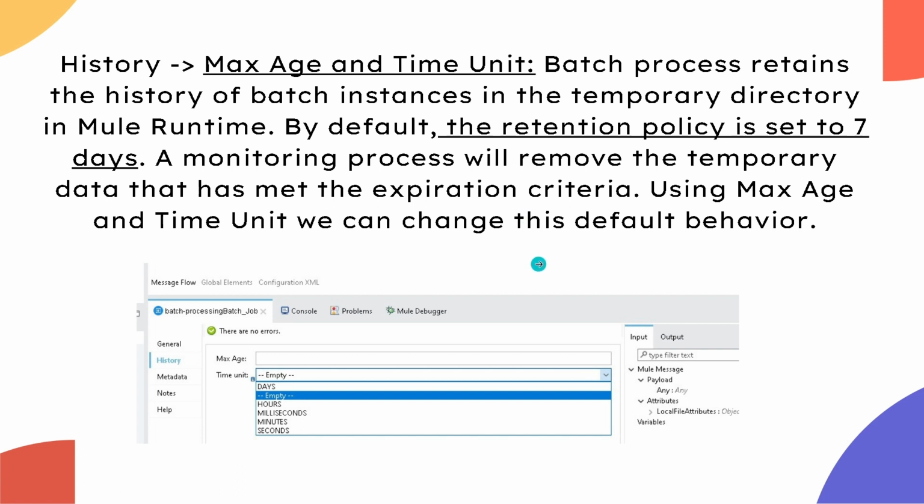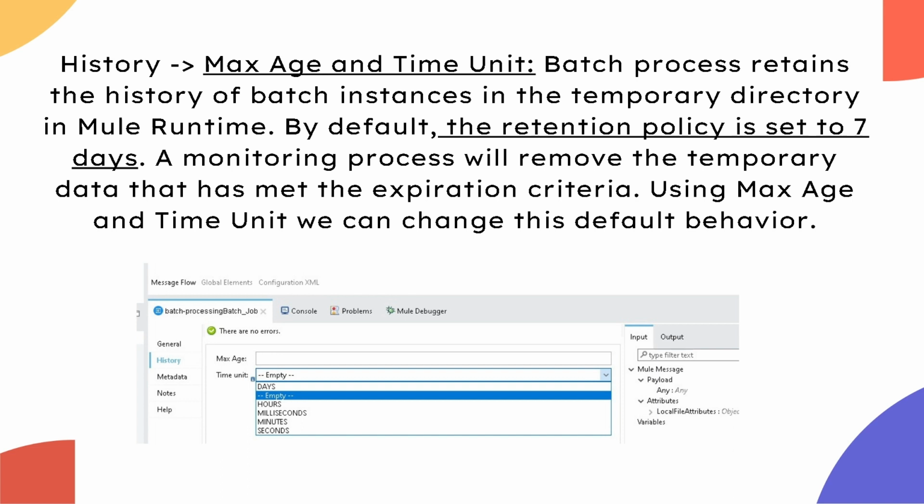So guys, as I showed you previously, in the loading and dispatching phase, we used to transfer our records to a queue. Those queues denote a particular batch instance, which batch instance that particular queue belongs to.